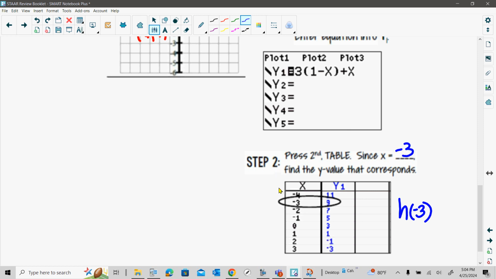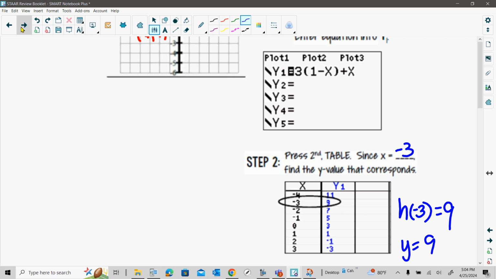So that's what they're showing right here. If I look in the table, find x is -3. The output, the y value right here, is 9. So our answer is 9. Okay, so this means your h of x is your y, and y equals 9. These are the same. So this is just kind of reviewing a little calculator trick to help you in knowing the parts.